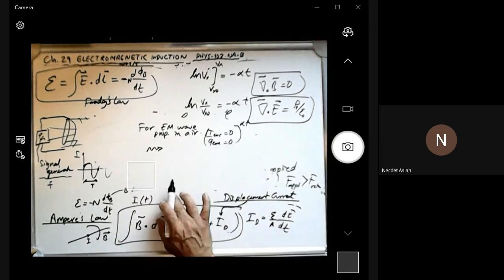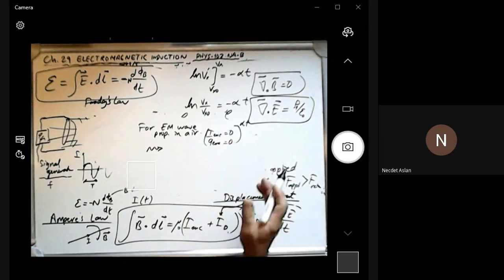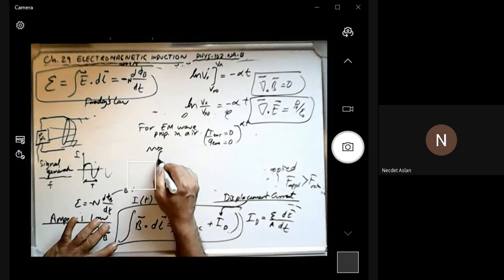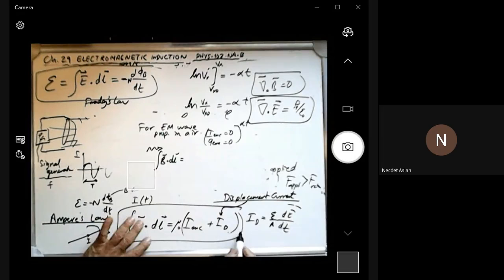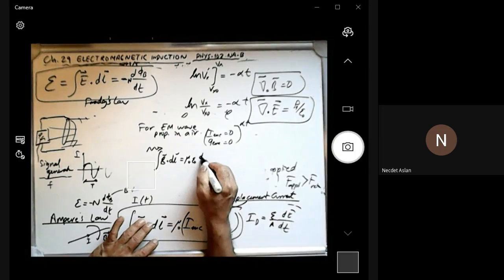Then when we assume that these are 0, we have full symmetry. So we have the line integral of B dot dl, which is equal to mu 0 epsilon 0 dE over dt, as a vector.